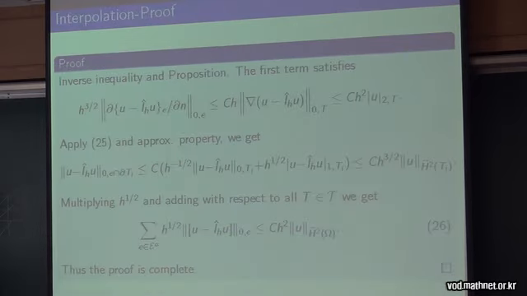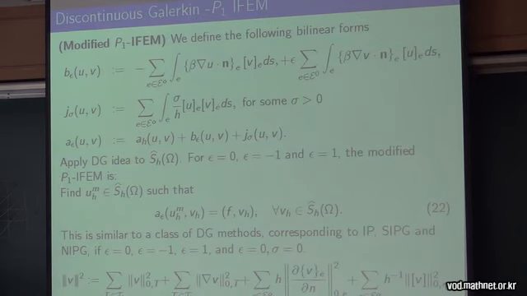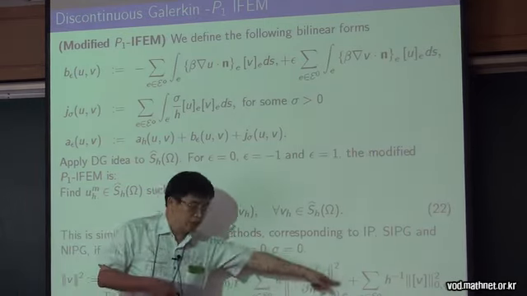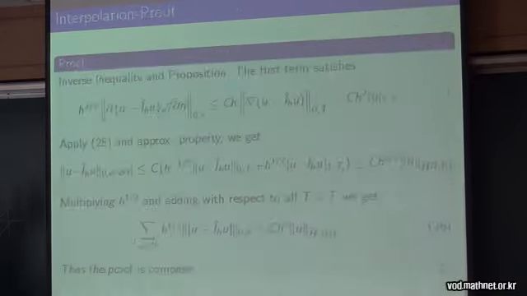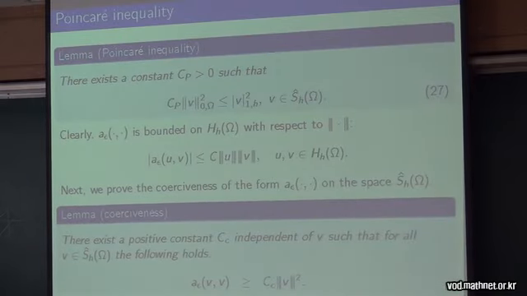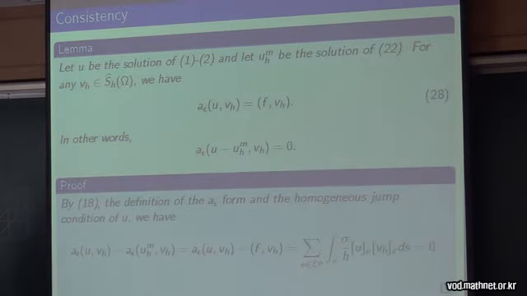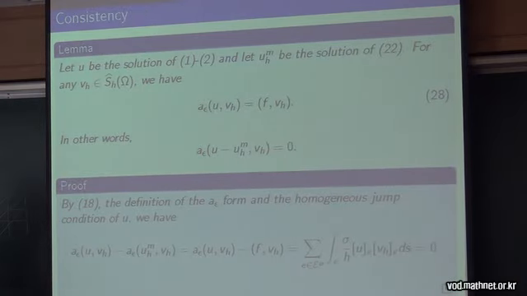The triple norm is the L2 norm, H1 norm, plus the line integrals. After we provide all these technicalities, the final proof is very simple.